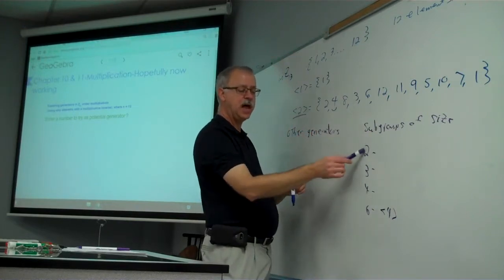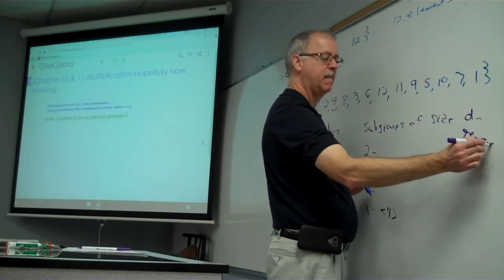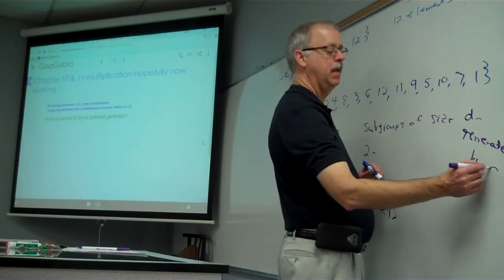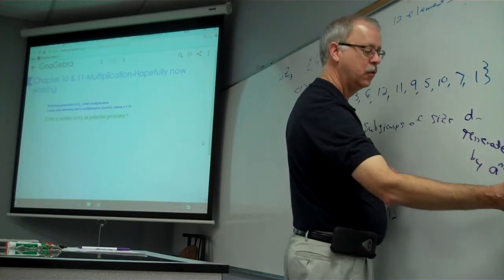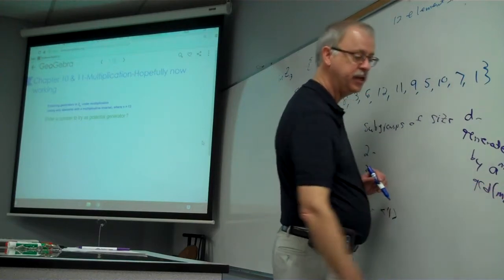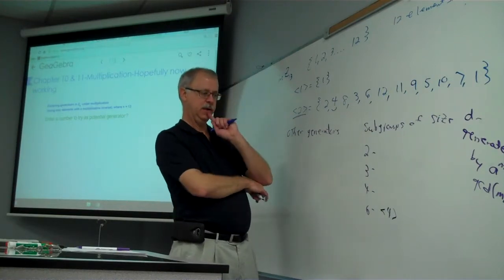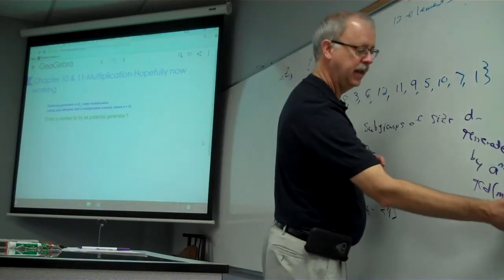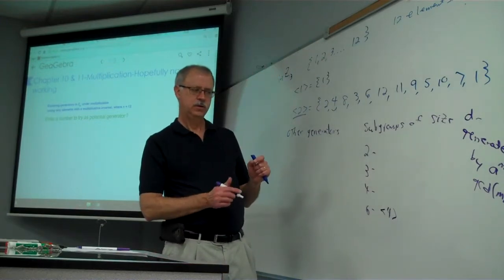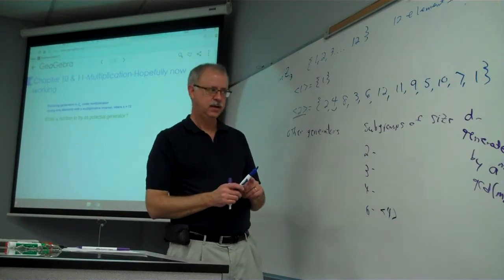So subgroups of size D are going to be generated by A to the M, where the greatest common divisor of M and N is D. Or, wait a minute, no. N divided by D. Now I'm having trouble remembering which way it is exactly.